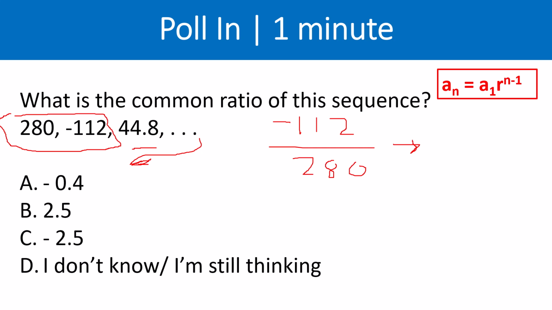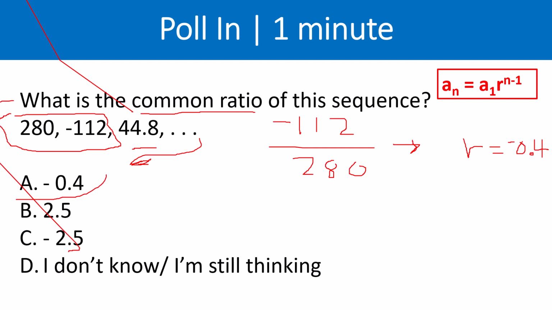All right, so our common ratio is, go ahead and write that down, negative 0.4. So now let's put it into this formula. Well, no, we don't even need to do that because let me look at the question. We just need to know the common ratio, and we've already found it.